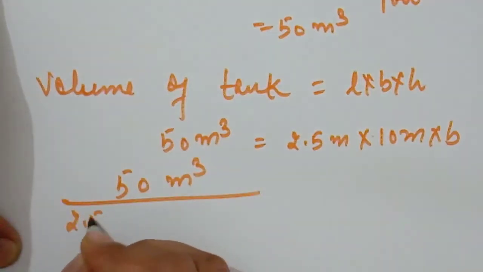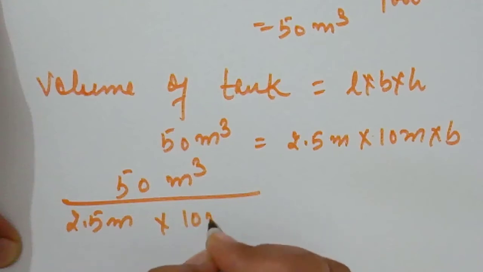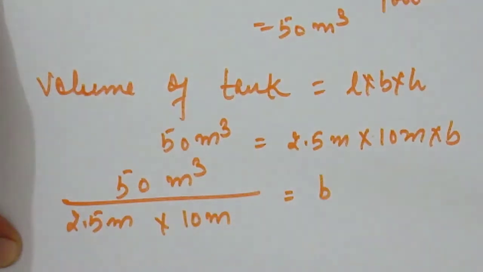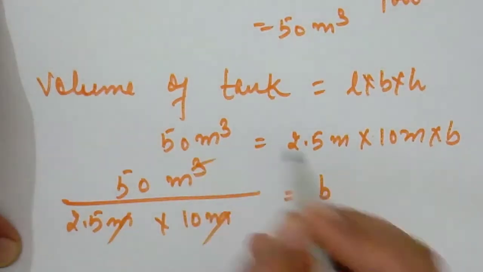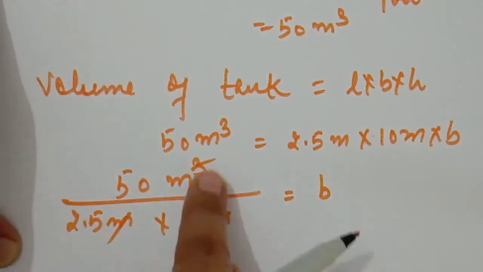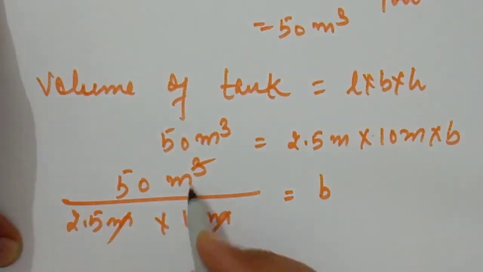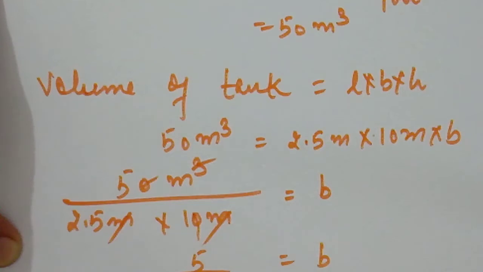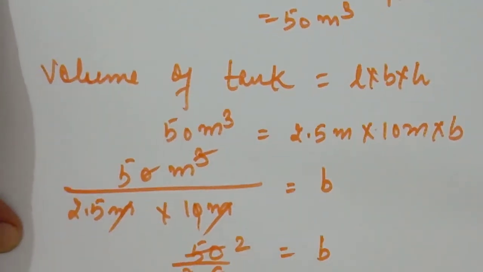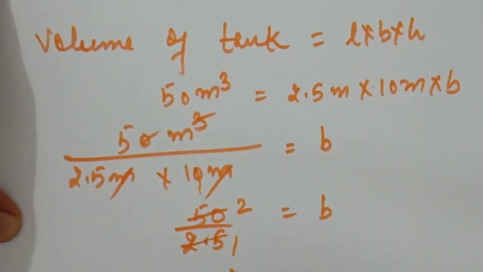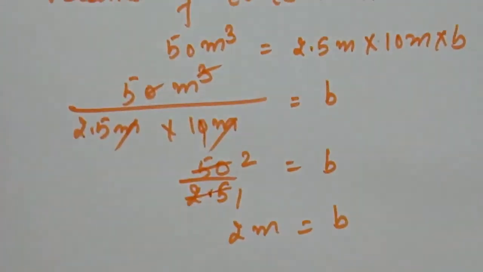Do not leave any unit. Correct? 10 meters cuts with the 2, so 1 is remaining, and 0 cancels with the 0, and we have 5 upon 2.5, which is B. When we remove the decimal, 25 ones are 25, 25 twos are 50. So the breadth is 2 meter. This is your fifth question.